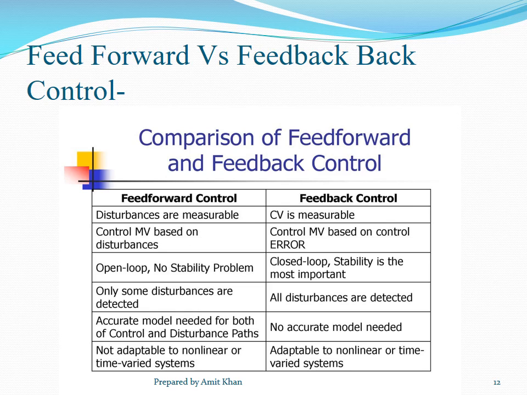Feed forward is an open loop system, so there is no stability problem, but feedback is a closed loop system, so stability is most important. In feed forward control, only some disturbances are detected, but in feedback control system, all disturbances are detected. In feed forward control, an accurate model is needed for both control and disturbance paths, but in feedback control, no accurate model is needed.